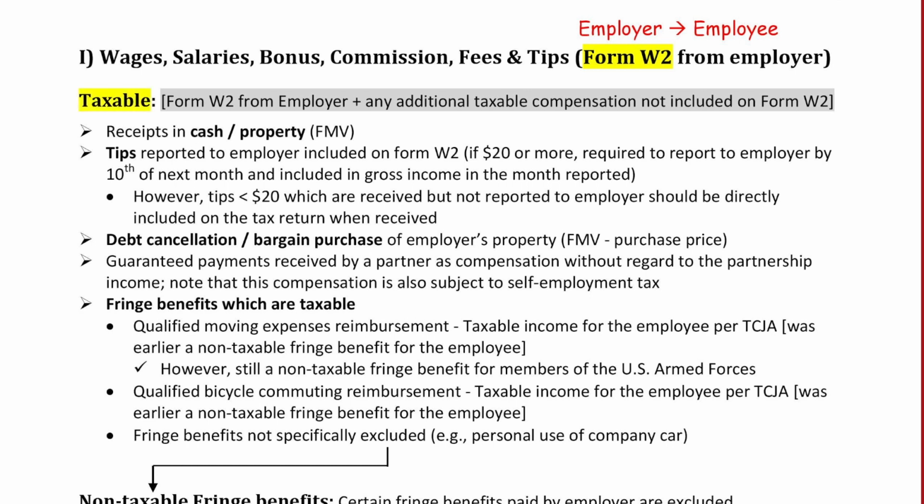Highlight taxable. So that's everything on Form W2 from the employer plus any additional taxable compensation not included on Form W2. For example, tips which are directly received by the employee from the customers.